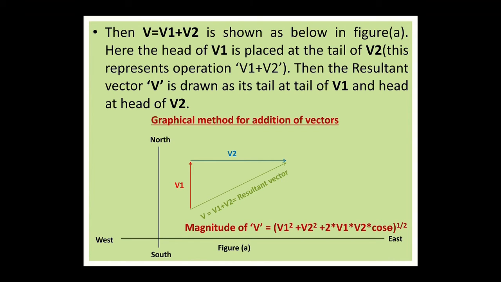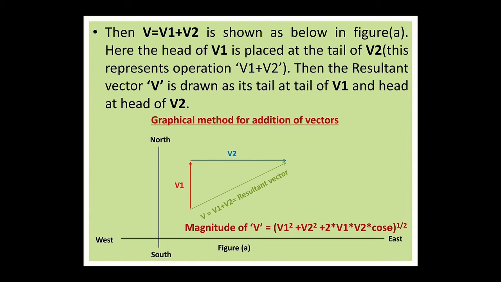Similarly, this green arrow has its head at the head of the blue arrow which is representing v2. So this green arrow will be your resultant vector.